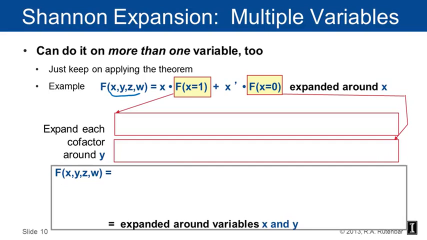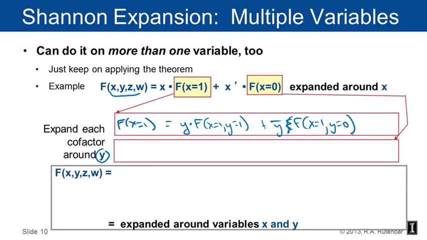We could expand it again, right? For example, this f of x equals 1, why don't we expand that around y? Well, then that's just y, and I need to cofactor it some more. So x is 1, but now y is also 1, plus y bar times f of x still 1, but y is now a 0.